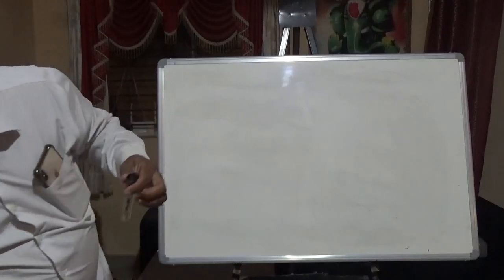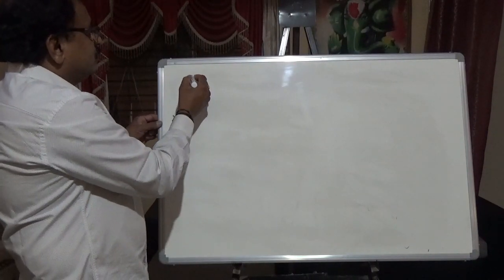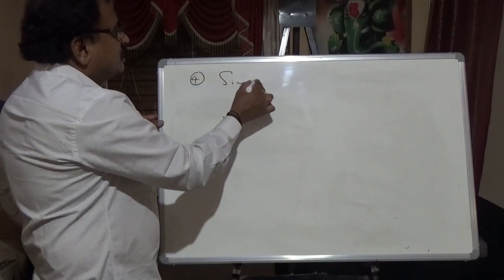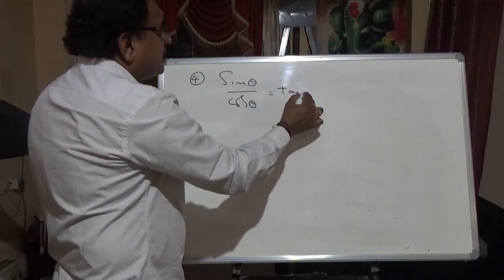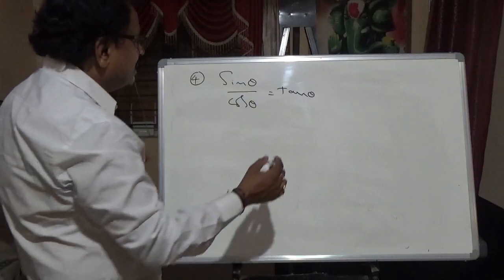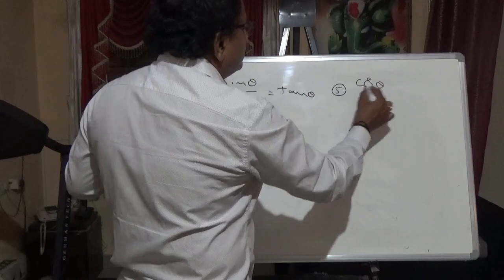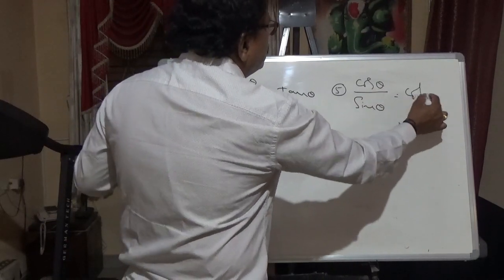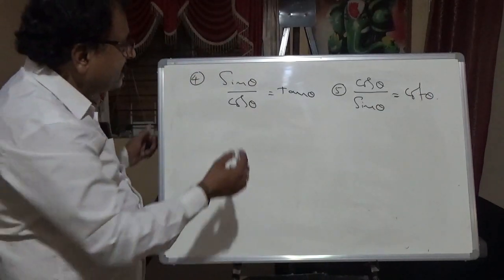Here, next continuation. Sin theta by cos theta is tan theta. Please remember, sin theta by cos theta is tan theta. Cos theta by sin theta is cot theta. How are we getting this?